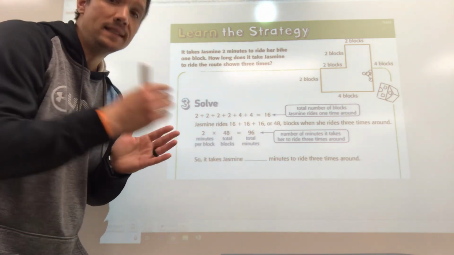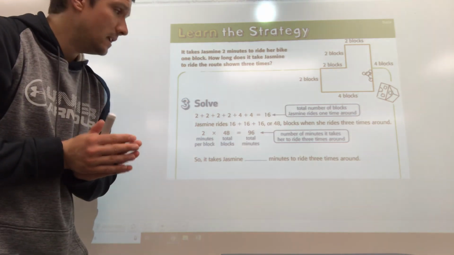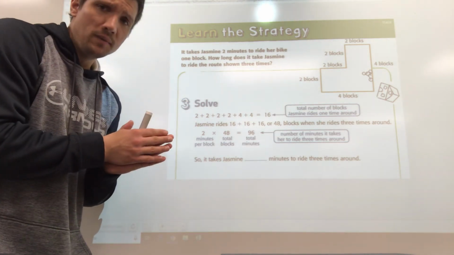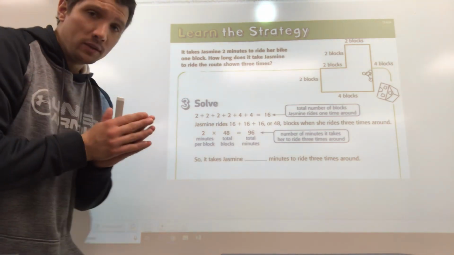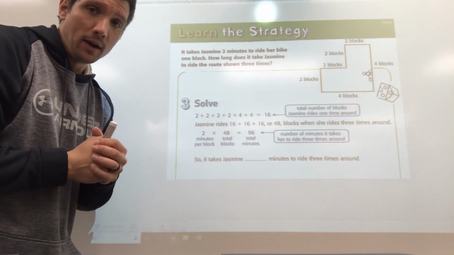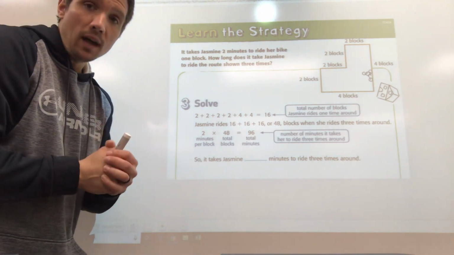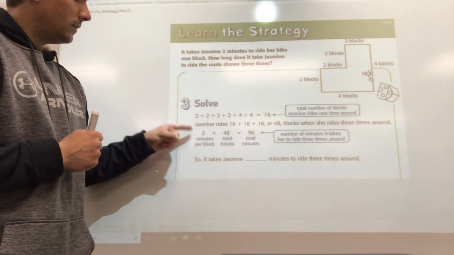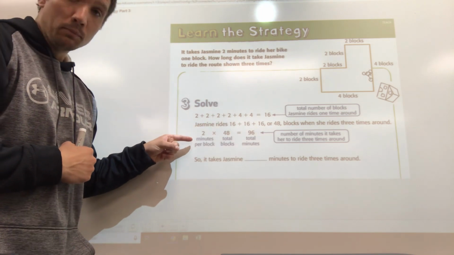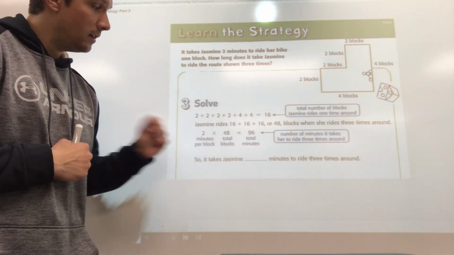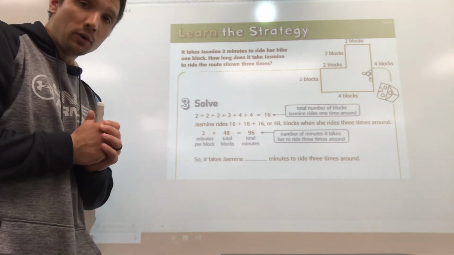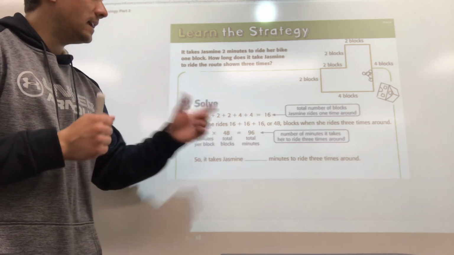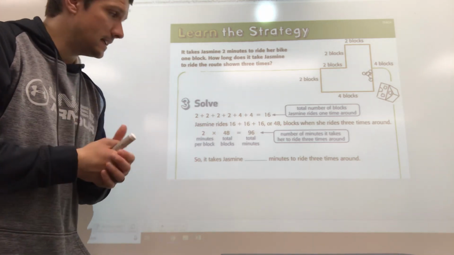All right, so that's the distance that she rode. Now going back to the question, it says, how long did it take Jasmine to ride that route 3 times? Every block, it took her 2 minutes. So you can see right here, they take 2, the number of minutes per block, and multiply it by 48, which was the total number of blocks, and they get a total of 96 minutes.